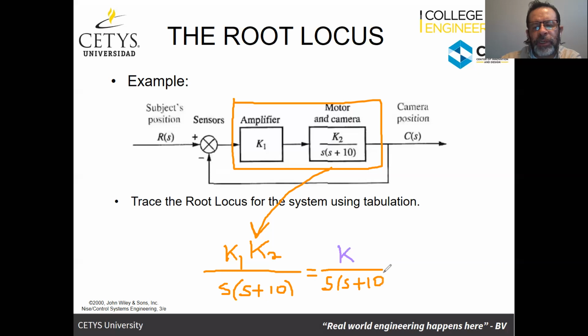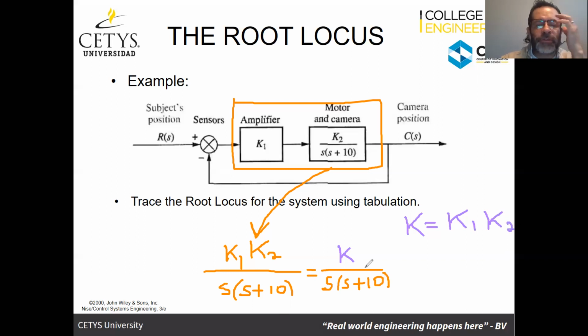And that's actually the way we're going to approach the design. We can have many parameters, but we can join them up into one. And once we have the value of that composite parameter, then we can set the value of one of the parameters and find the other one. So K is going to be equal to K1 times K2.